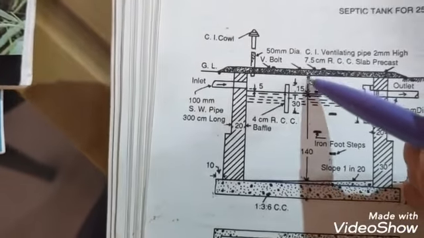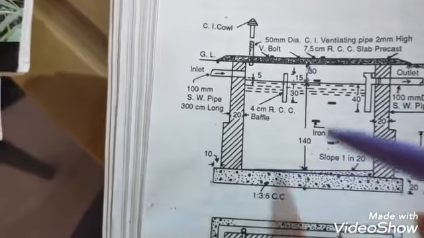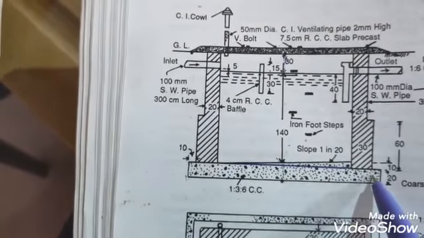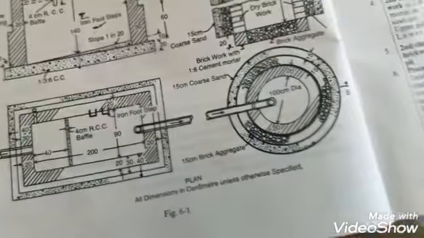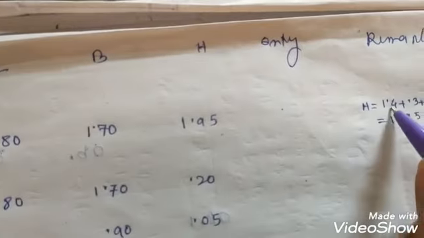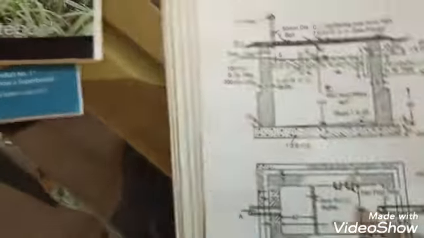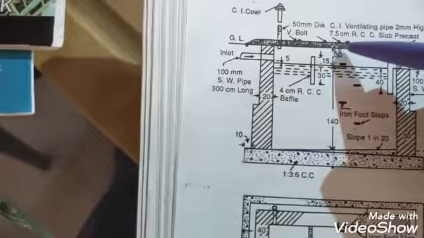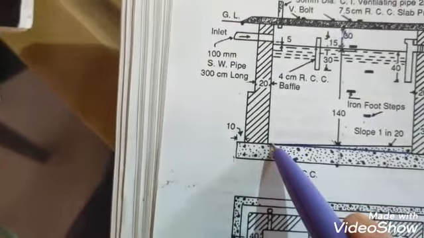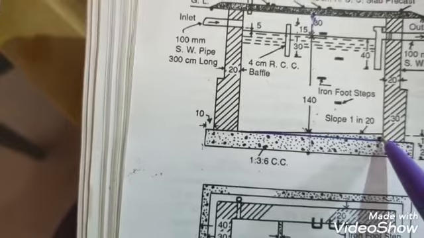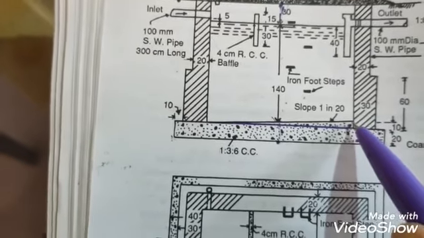So 0.3 plus 1.4, and how much is this one? This is 0.2. So 1.4 plus 0.3 plus 0.2. But how much is this one, this left portion? Okay, this is 0. We are starting from 0. And this is how much? This is 10.